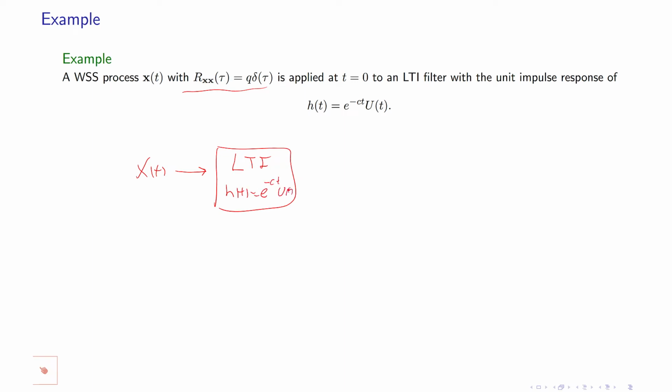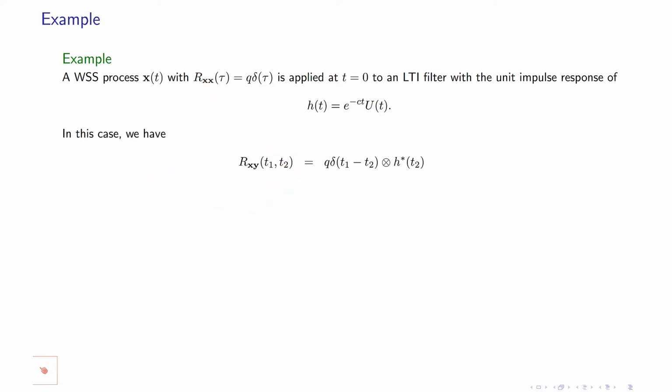This is obviously similar to an RC circuit, and we get y of t as the output. Obviously our Rxx of t1 and t2 is equal to Q delta of t1 minus t2, where t1 minus t2 is the time delay.